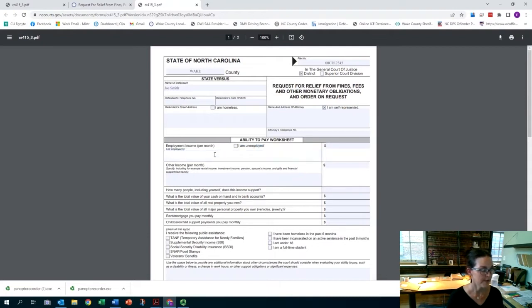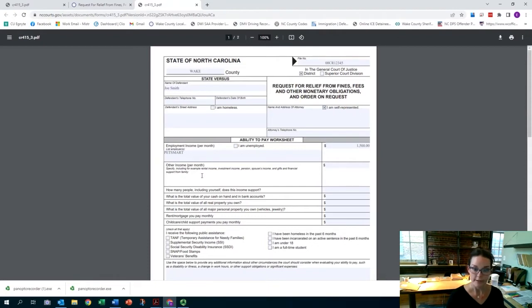So, for instance, let's say that you work for PetSmart. You're going to type PetSmart in here, and then you're going to type in how much money you make per month. So, for instance, $1,500. Then you hit tab, and it adds the 0.00 for cents.